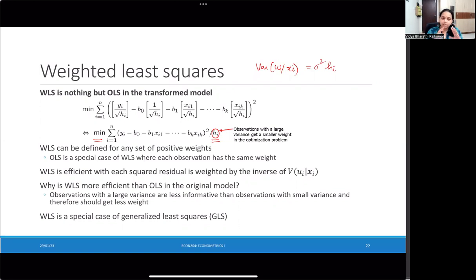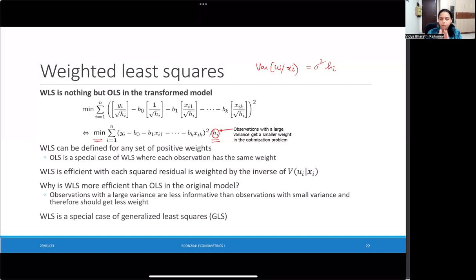So intuitively, observations that have a large variance will also have a large denominator with them. Therefore, the actual importance of such observations will tend to become smaller. So this is what we mean by saying that observations with larger variance will get a smaller weight when you're trying to minimize the sum of squared deviations.